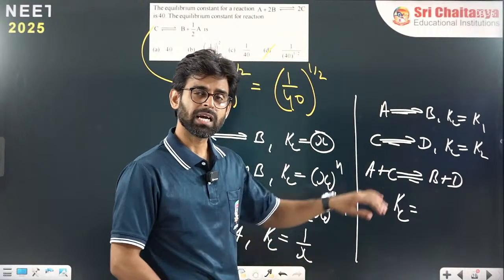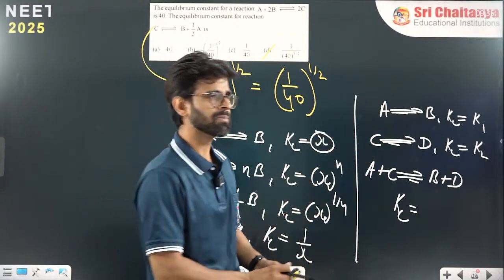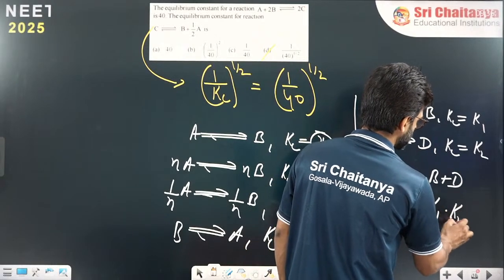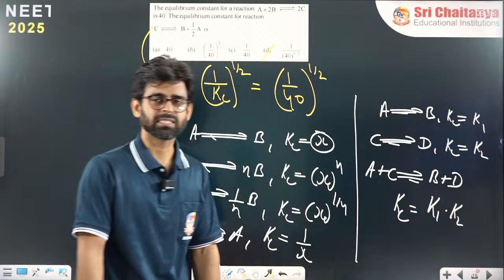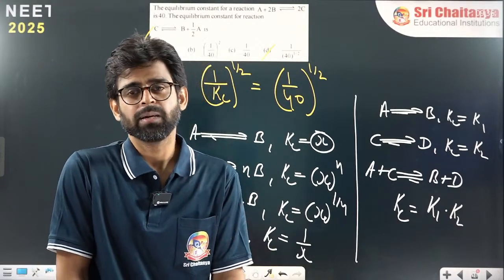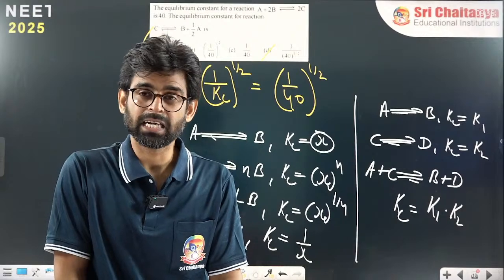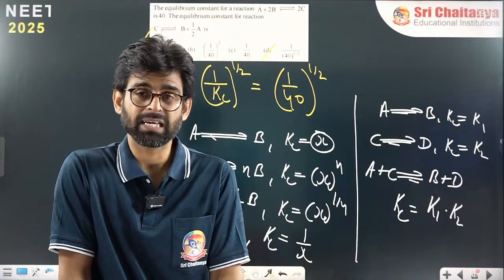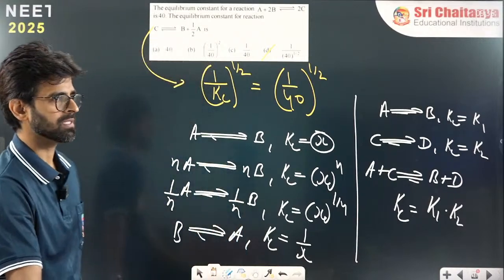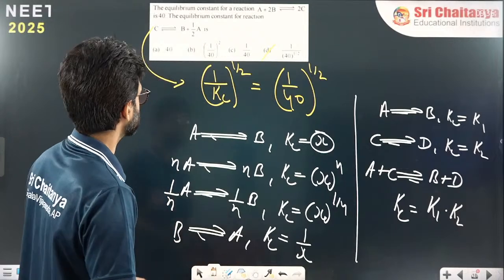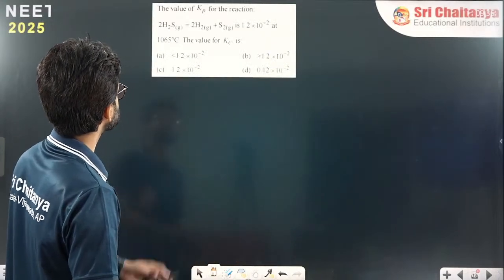If you add equations, the equilibrium constants multiply, so K3 is K1 into K2. In delta H questions we were just adding delta H1 plus delta H2, but here we have to multiply. Both have different operations, equilibrium constant and delta H.